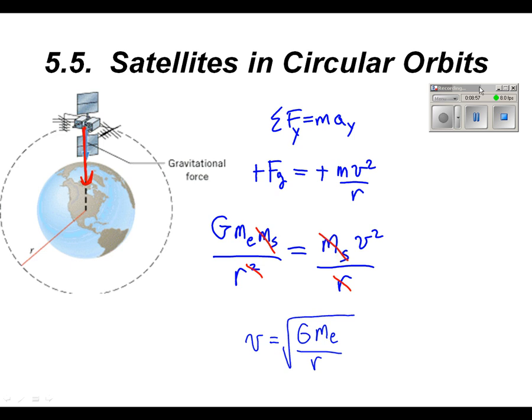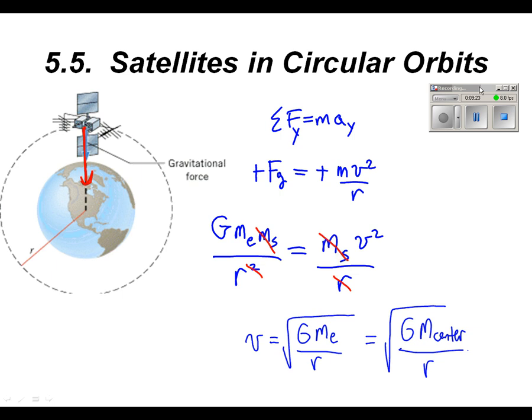Now, if we're going around the sun, it wouldn't be the mass of the Earth, it would be the mass of the sun. So this is the mass of the object that's being orbited. You can really just think of this as a general formula: G, mass of the object in the center of that orbit, all over r. And that's a more general case that'll work in all situations.